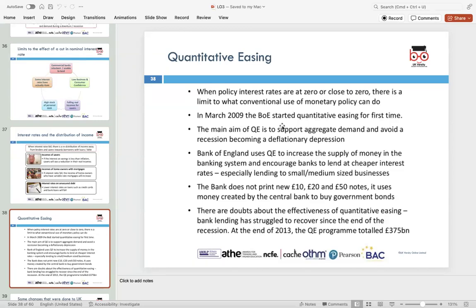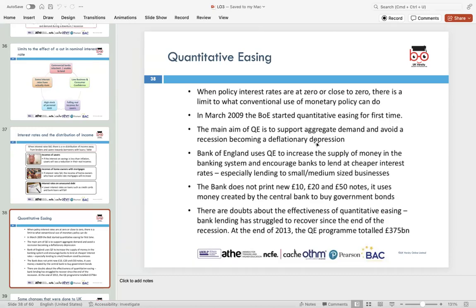Instead of printing fresh notes of 10 pound, 20 pound and 50 pound, the Bank of England utilized the money that is generated by the central bank to purchase bonds issued by the government, in light of the fact that bank lending has been finding it difficult to rebound since the end of the recession.